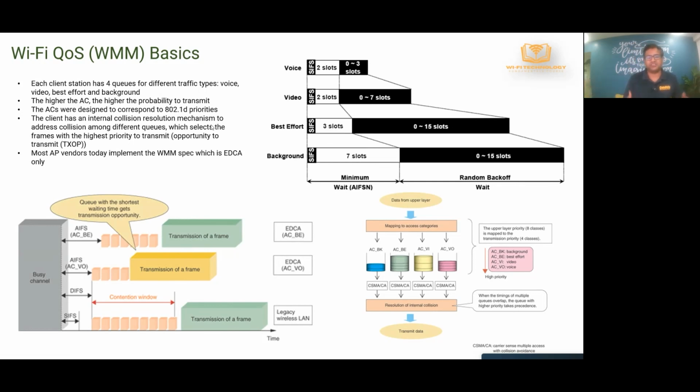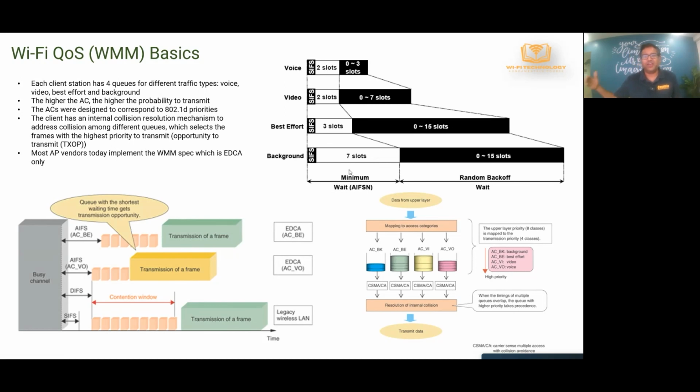So what you're saying is if your traffic is voice traffic, your AIFS is only 2 slots. You only have to wait 2 slots. And your backoff counter contention window is only between 0 and 3. So you pick a random number between 0 and 3. But on the other hand, if it's background traffic, which is the lowest priority traffic, your AIFS value, which means the amount of time you need to make sure the medium is free, is 7 slots.